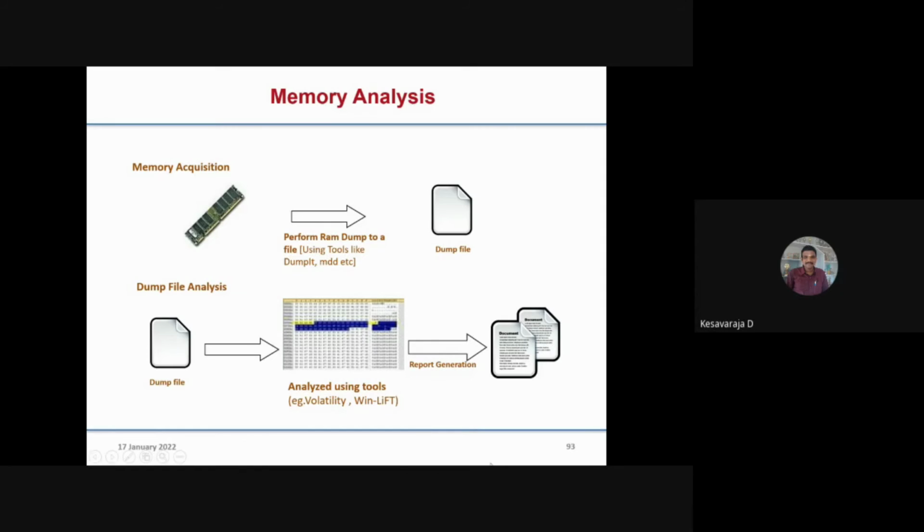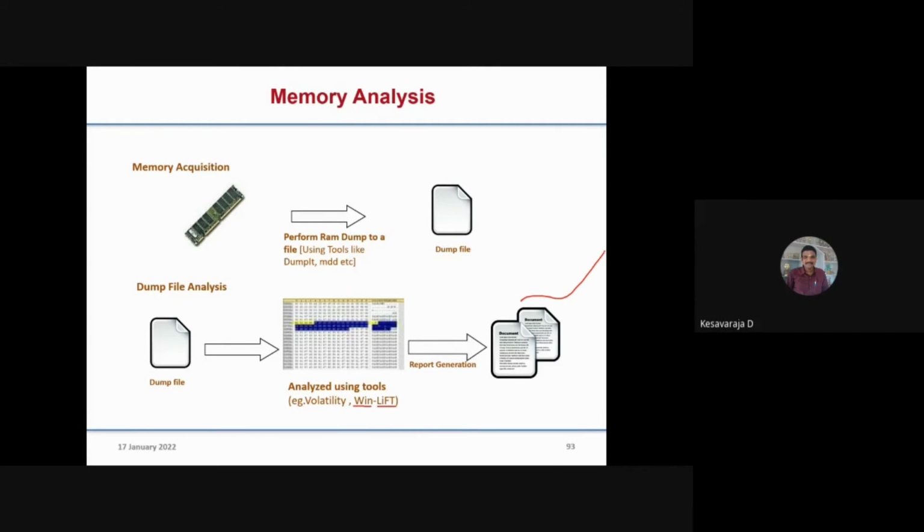One excellent tool for dump file analysis is called WinLift. It provides hexadecimal code. WinLift is a hex viewer, which can analyze a dump file via a hex viewer. At last, WinLift will generate a proper report.